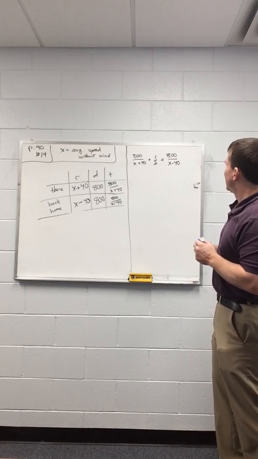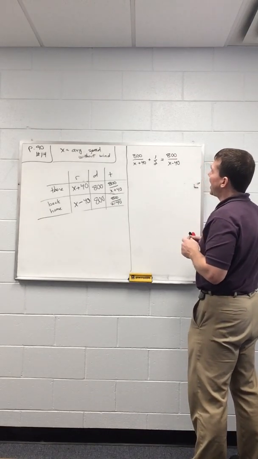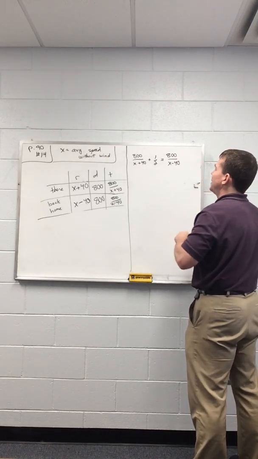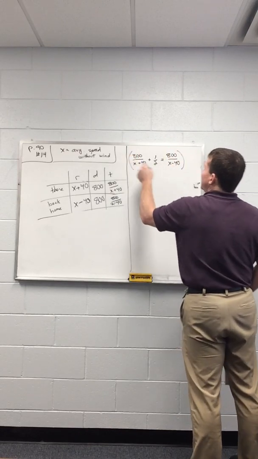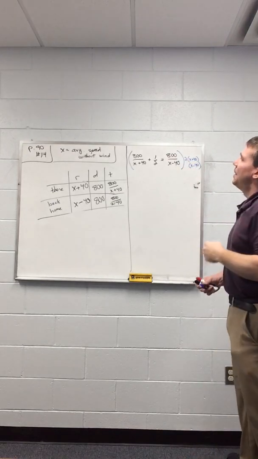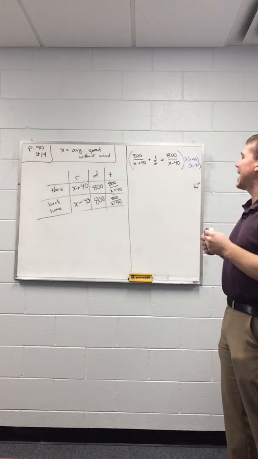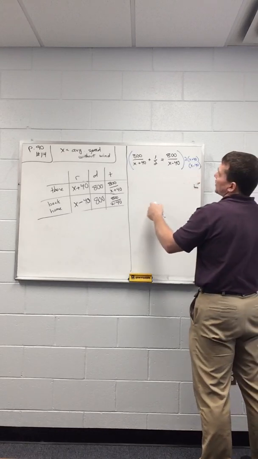And in this case, well, let's see. We know how this works. I'm going to have to multiply by the LCM to clear the fractions. And in this case, I have 3 fractions. So my LCM is going to be 2, x plus 40, x minus 40. Multiply everything by that. And since this video is getting rather long, I'm going to go through this quickly.